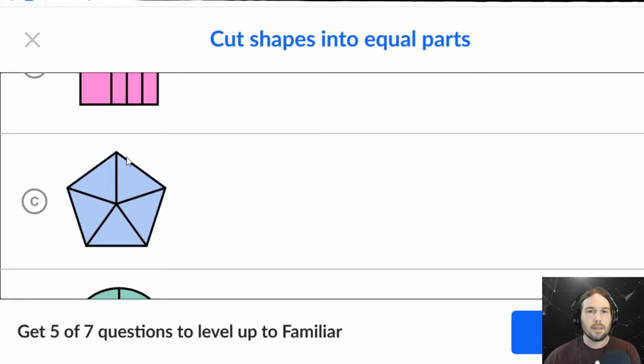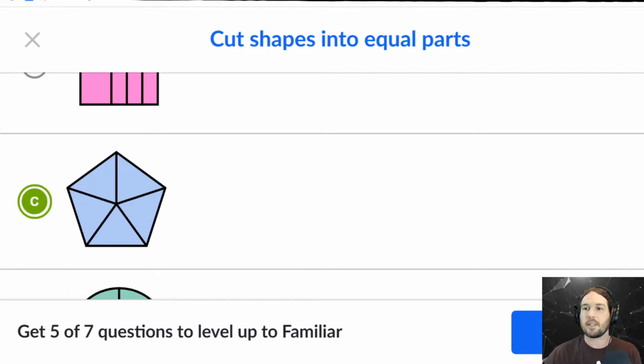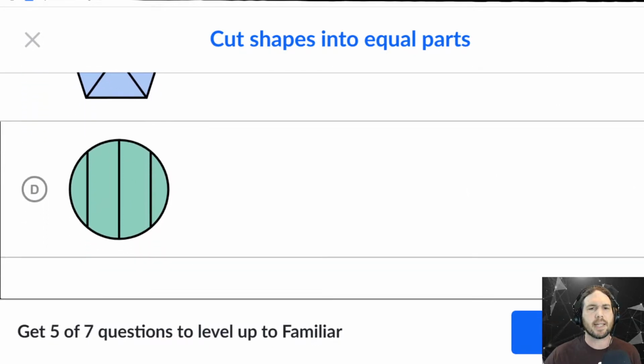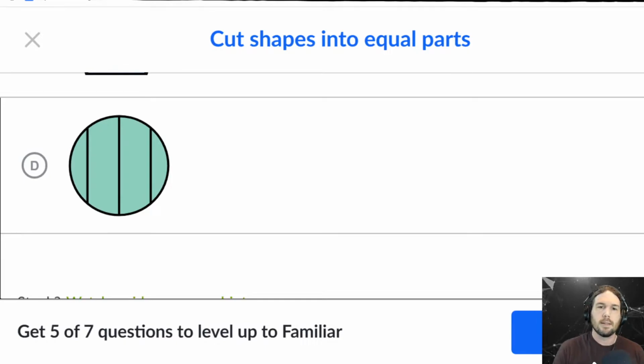And this one right here, C, looks to me like it is a pentagon. It is cut into 1, 2, 3, 4, 5 triangles. All of those triangles look equal to me. I think that's the right answer, but we're going to go ahead and take a look at D as well. D is, again, cut into 4 parts, but it's all cut vertically. These two middle pieces are bigger than the two outside pieces.